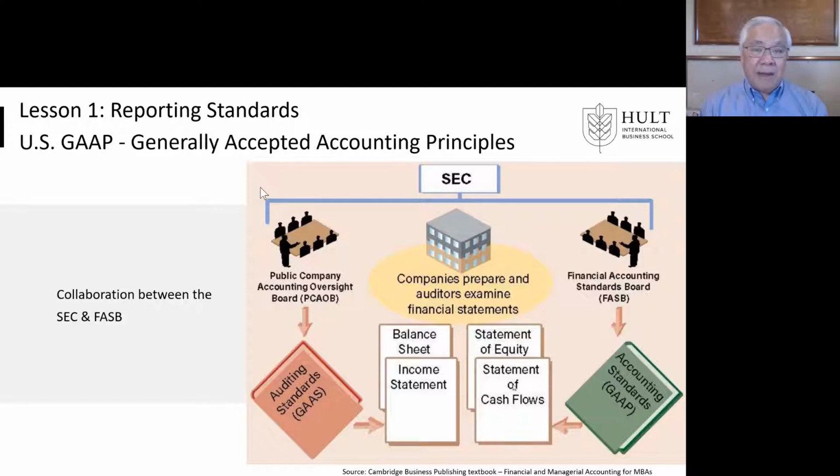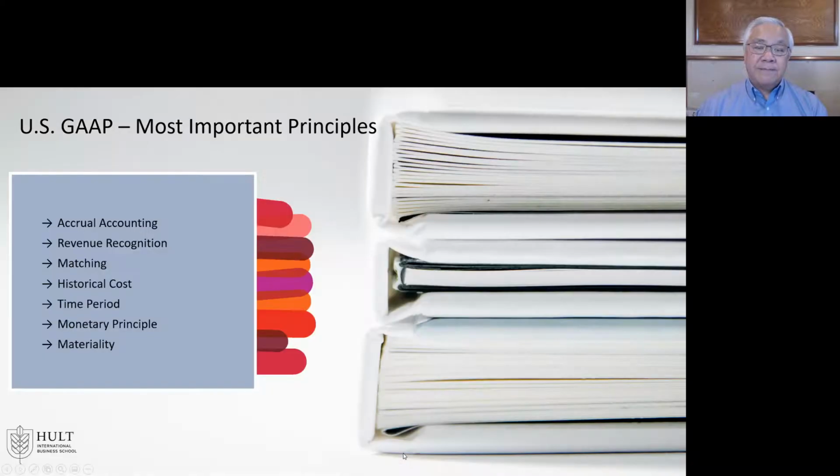So these are not GAAP. These are not principles of accounting. They're how we audit to assure that the audits have the end result that we want, to assure the users of statements that they're not misrepresented in a material way. So we see a lot of collaboration among all the parties involved in setting these standards.